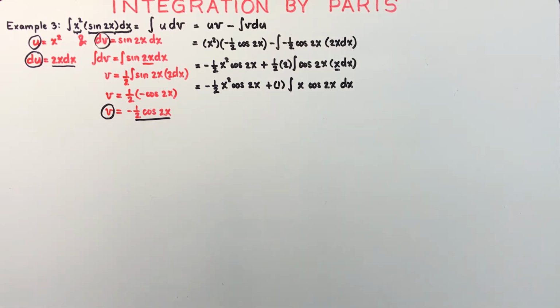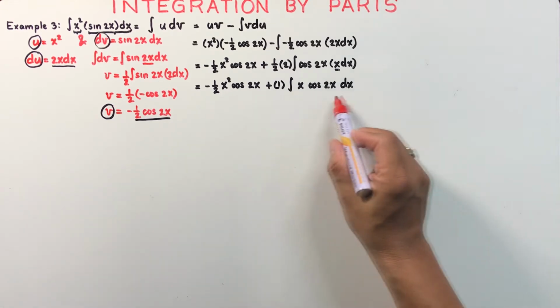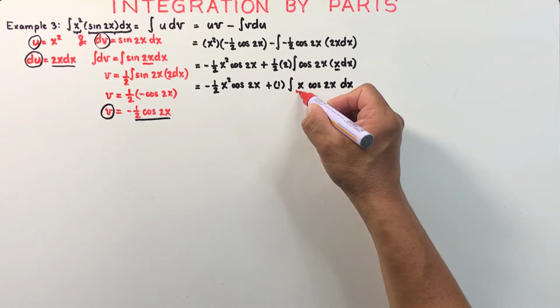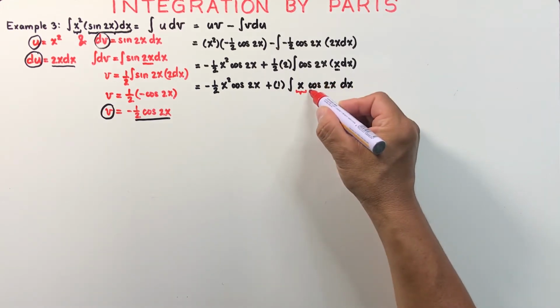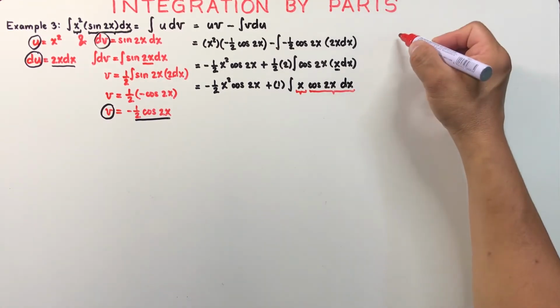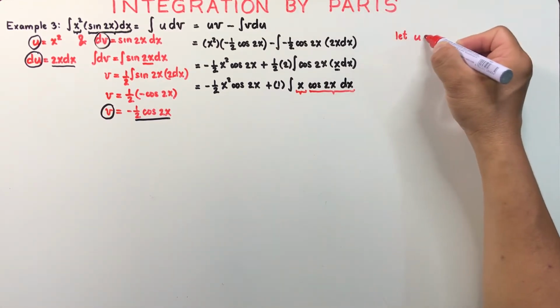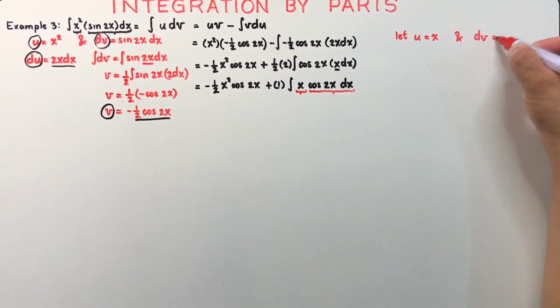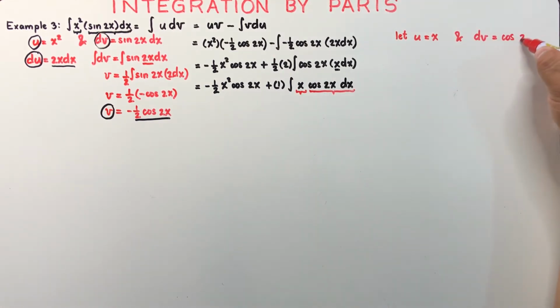So here, we need to apply again another integration by parts for this integral here. So we might guess that this is our u and this is our dv here. So let u be x and our dv is cosine 2x dx.